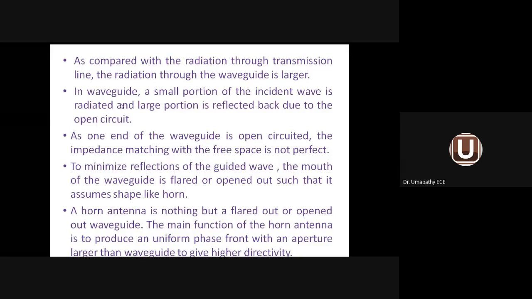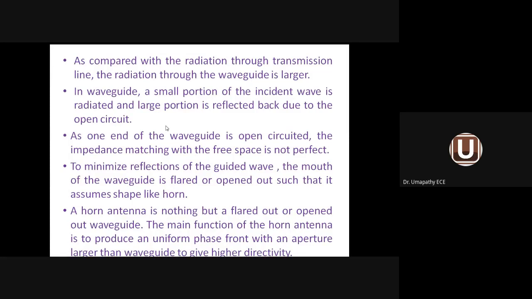So in case of a waveguide, a smaller portion of the incident wave is radiated, a larger portion is reflected back due to the open circuit. I'm taking a rectangular waveguide. This rectangular waveguide, a hollow pipe, has a left end and a right end. At the left hand side, I am feeding a signal. But at the right hand side, only a part of the signal will be radiated into the free space, the rest is reflected back.